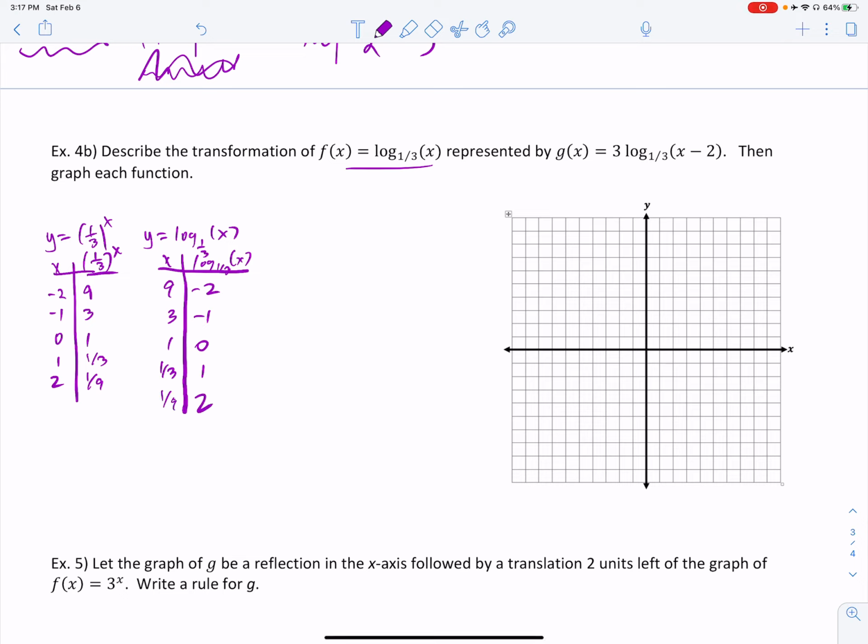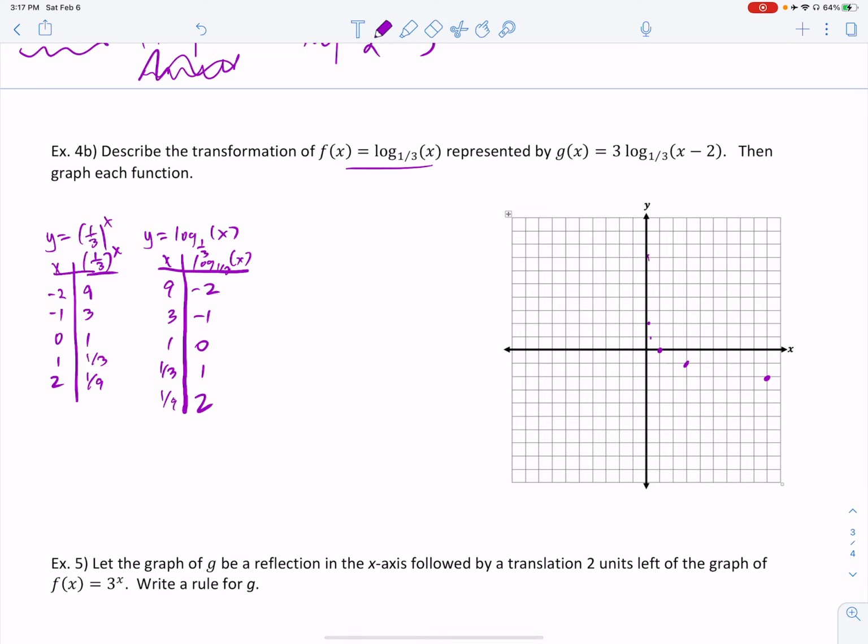So if I go to graph this, I'm at 9, -2. I'm at 3, -1. I'm at 1, 0. I'm at 1/3, 1. And at 1/9, I'm at 2.